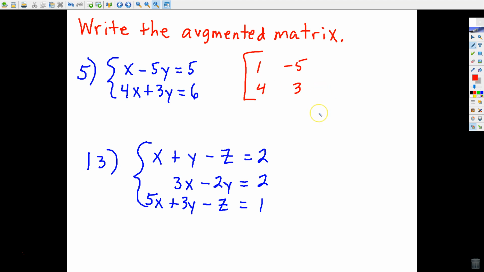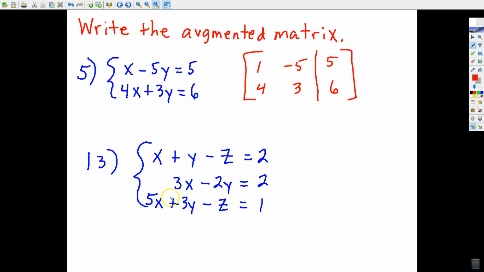And we're not going to do a completely separate matrix. This is where we attach, and so we're going to just draw a vertical line, and we're going to show the numbers on the right side of the equation on the right side of that line. So in essence, we're treating these as two separate matrices that are glued together. A matrix that has been augmented by another matrix representing these constants on the right side of the equal sign.